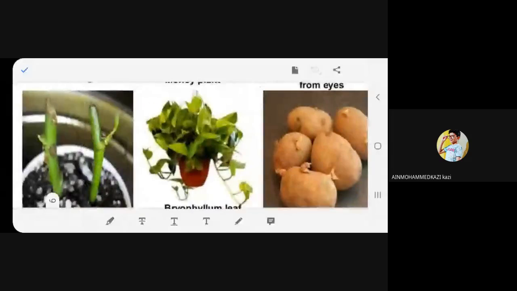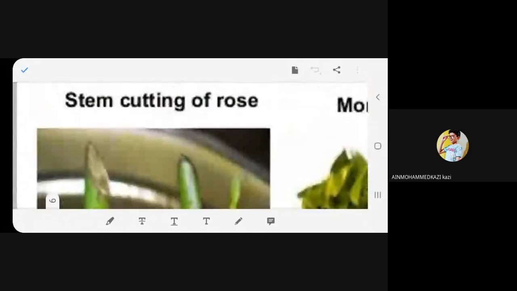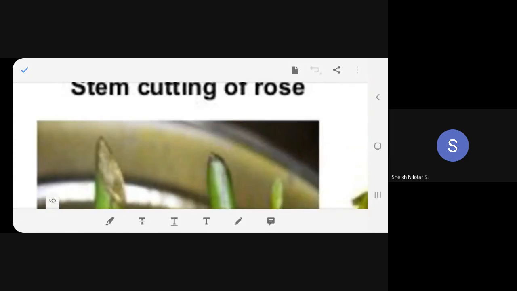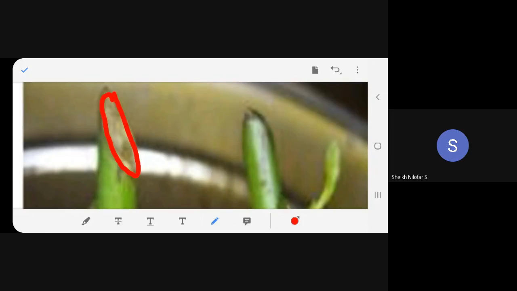Now see. First one is stem cutting of rose. See, the cut is like this. Can you see this cut? It is oblique. It is never straight, but always oblique.